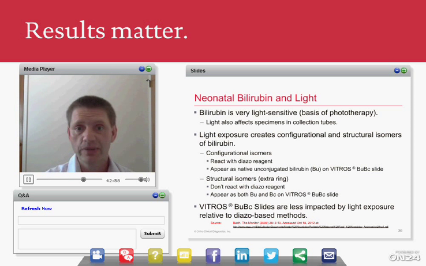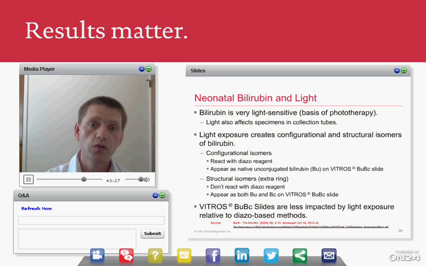If you have a significant amount of conjugated, that's only going to happen in reality on a very infrequent basis, and when it does, it's very clinically meaningful. But you may see instances where you get elevation of the BC channel, or the conjugated bilirubin measurement on a BBC slide, simply due to the fact that samples are being mishandled.